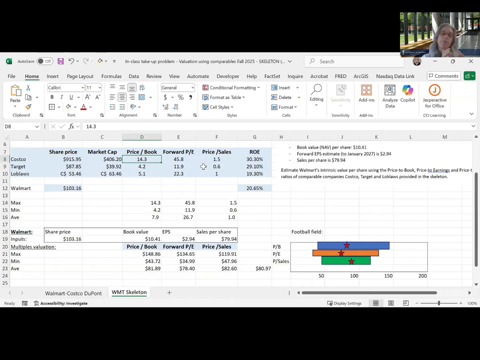So the first part, the DuPont analysis, was a ratio analysis discussing the historical performance. The valuation here uses ratios too, but these are not performance ratios. These are valuation ratios, so they're used for a different purpose. The valuation using the multiples is part of looking forward.